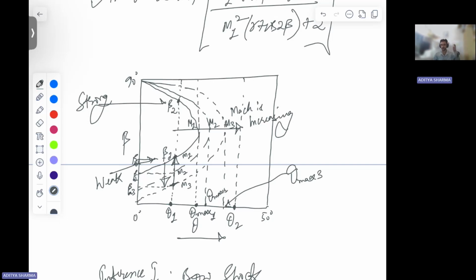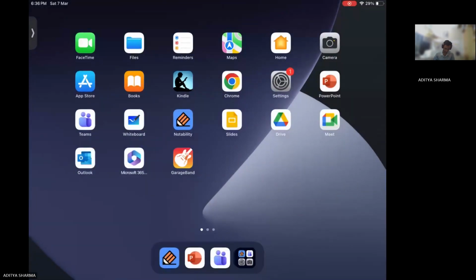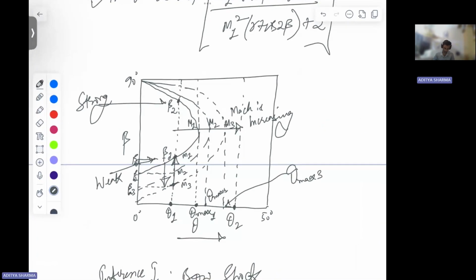Because beta 3 is less than beta 2 is less than beta 1. Right? So this is good. So shock wave angle is going to decrease.